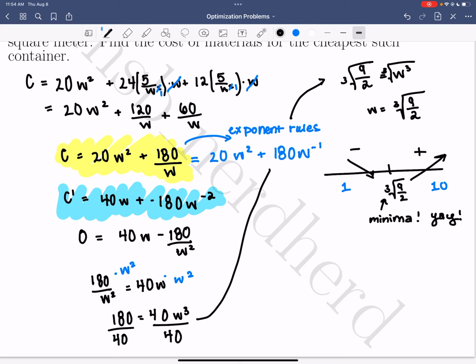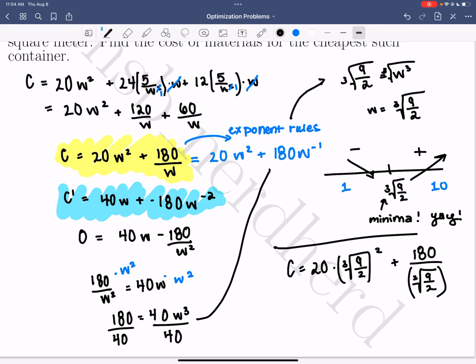Because now that we know it's a minima, we only have to plug it into our cost equation. So our ultimate cost is going to be 20 times the cube root of 9/2 squared plus 180 over the cube root of 9/2.